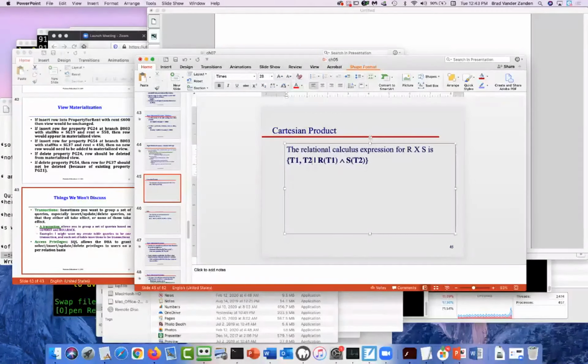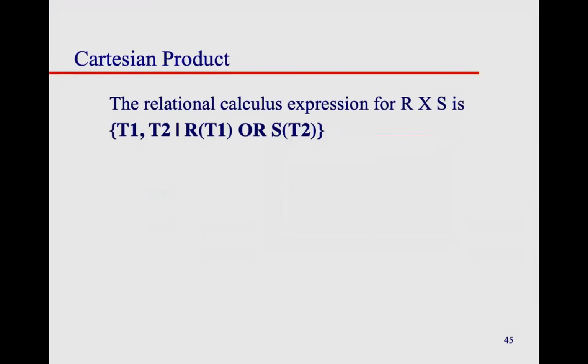It's tuple variables that appear over here, and this should be an or. Okay, so I will get this fixed, but this is the way it should have been written. So T1 comma T2, where you take it from, you or them together.